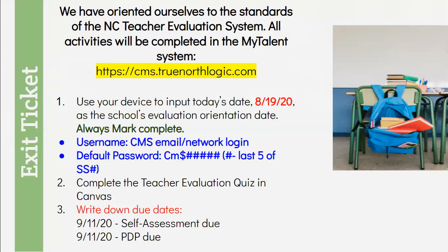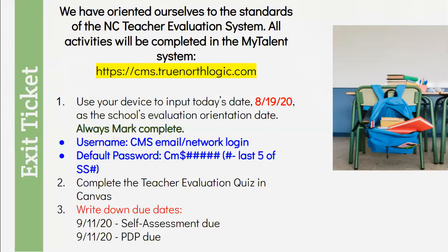So this is our exit ticket because we've come to the end of this evaluation training. We have oriented ourselves and all of the activities will be completed in My Talent. The yellow highlight is the website, how to access My Talent. To log in to My Talent, look at the area in blue.